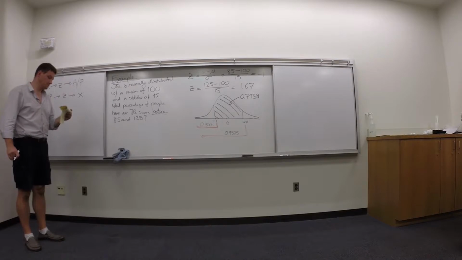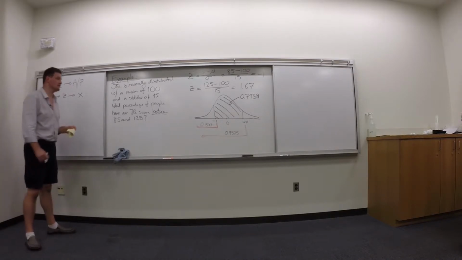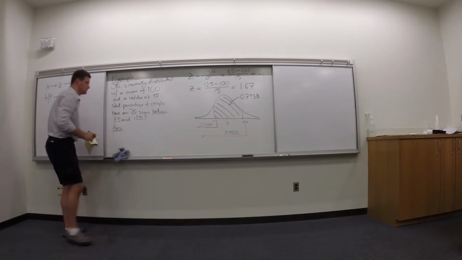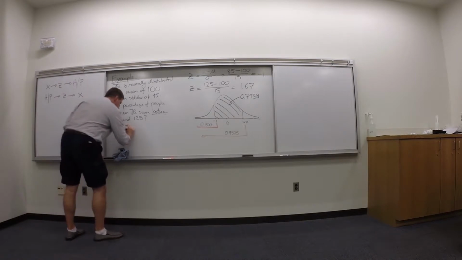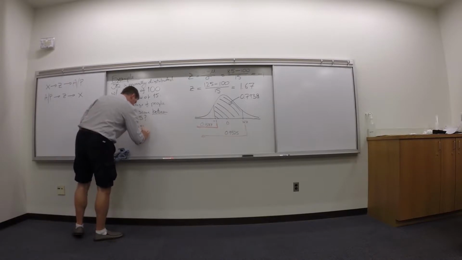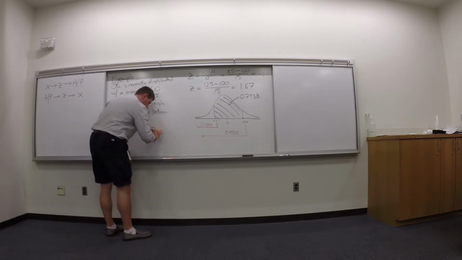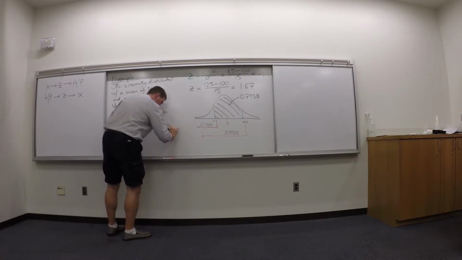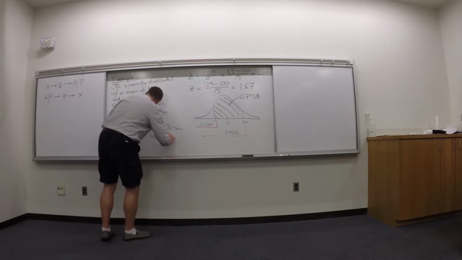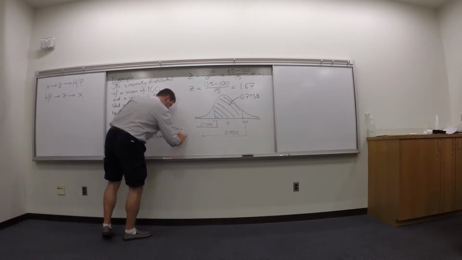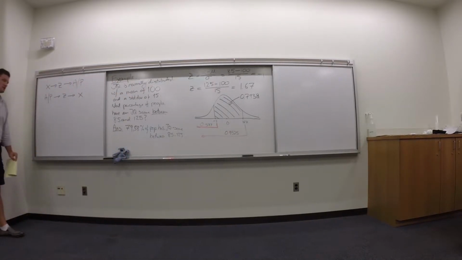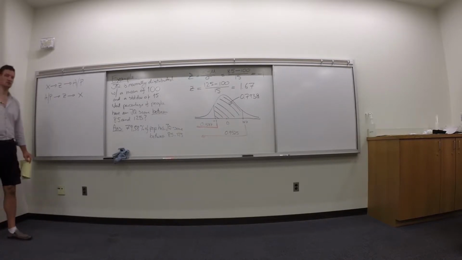And then we have to write a sentence. So 39.38% of the population has an IQ score between 85 and 125.